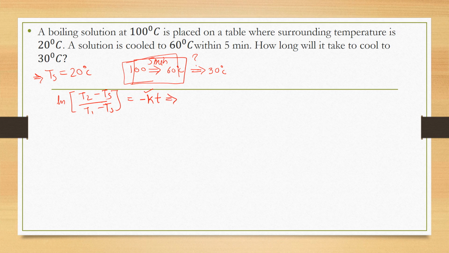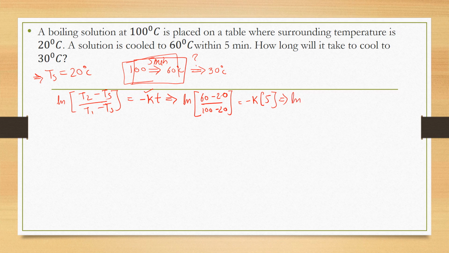So the final temperature is considered to be T2 and the initial temperature as T1. So substituting values, T2 will be equal to 60 and T1 will be equal to 100, which will be equal to minus k into 5 minutes. I'm not converting that time into seconds, I'm keeping it as it is.